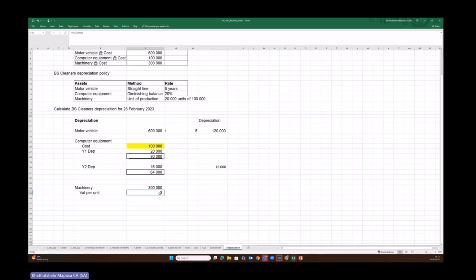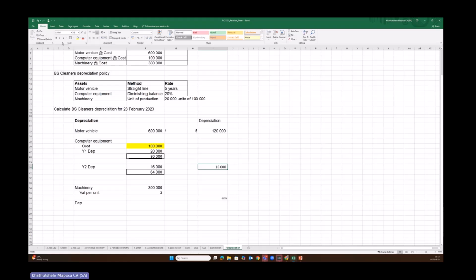So it will lose 3 rands per unit. And in this year we have produced 20,000, so 20,000 times 3 becomes our depreciation for the current year.